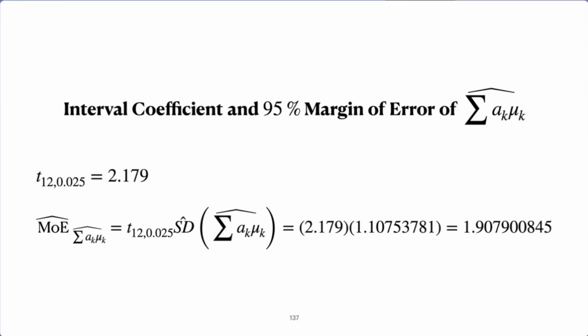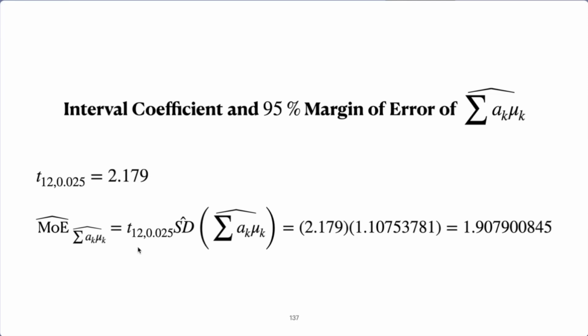The interval coefficient for this 95% confidence interval comes from the t-distribution with 12 degrees of freedom; in particular, it's the upper 2.5 percentage point of that distribution. Using that along with the estimated standard deviation of the contrast, we get the estimated margin of error of the estimate of that contrast.